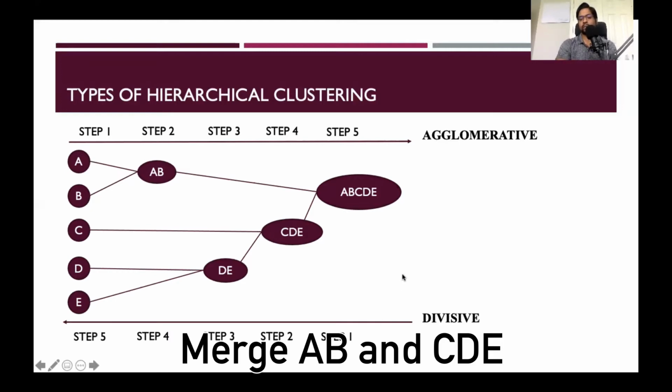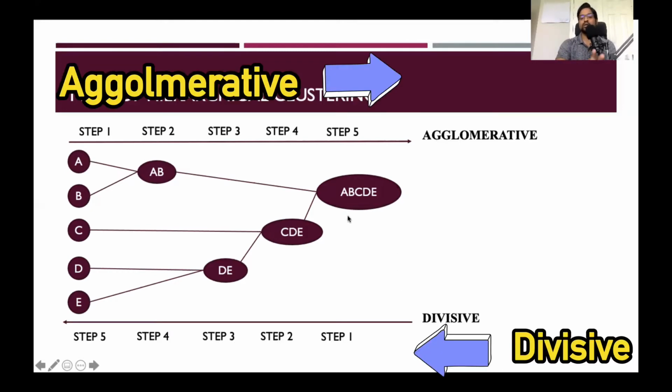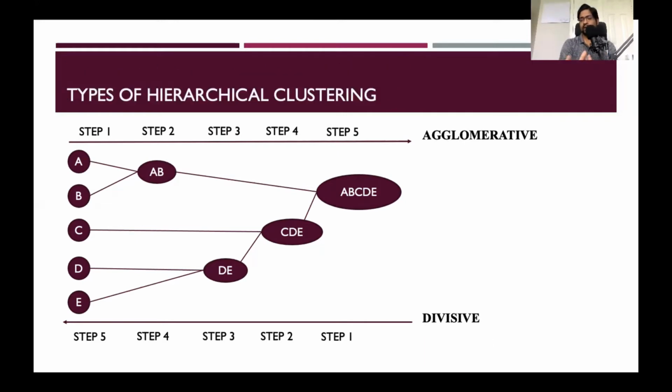Here we are splitting ABCDE to AB and CDE, and then we split CDE to C and DE, and then we split DE to D and E clusters. Whereas if you see the upper section, we are splitting the same ABCDE to AB, and from the AB cluster, we split it into 2 singleton clusters, A and B. So it's just the opposite of each other. That gives you an overview of how you can work with agglomerative and divisive.